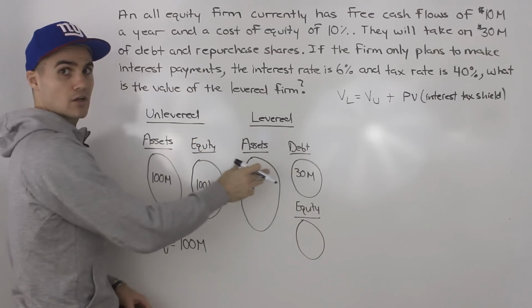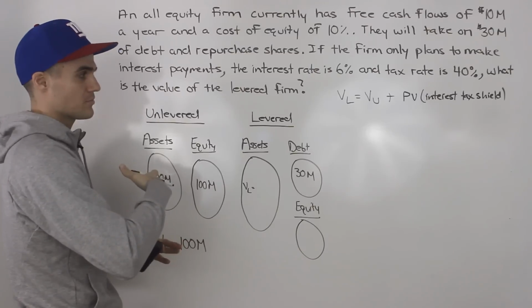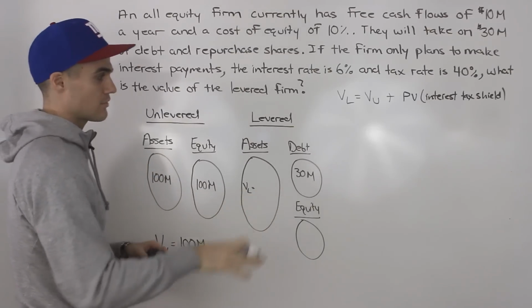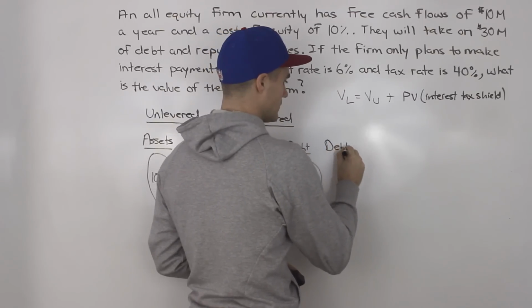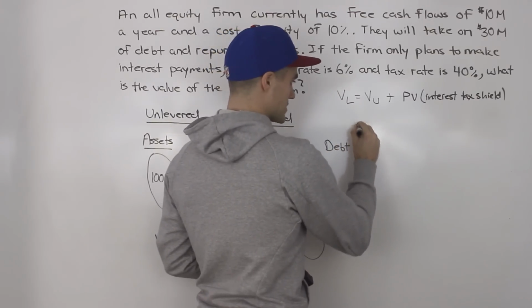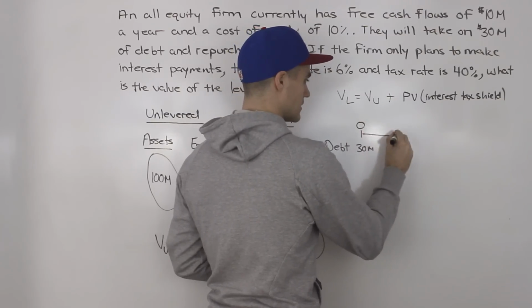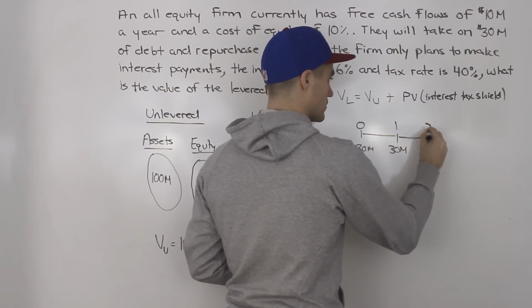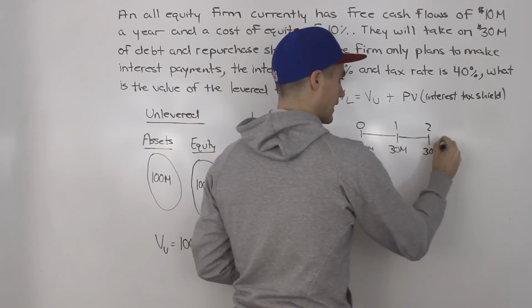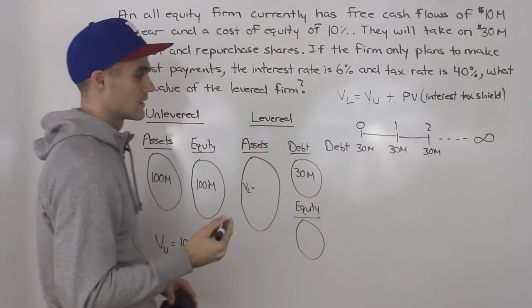So this $30 million worth of debt, they're not going to be paying down like in the previous example. They're going to maintain that $30 million worth of debt. So if we draw a timeline, in time 0, they're going to have $30 million worth of debt. In time 1, 30 million. In time 2, 30 million, and et cetera, all the way to time infinity.